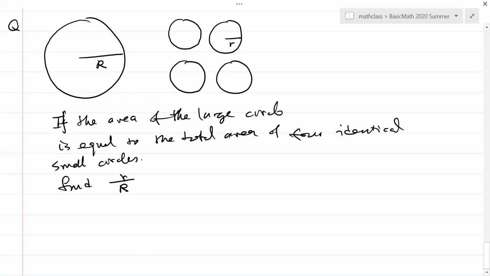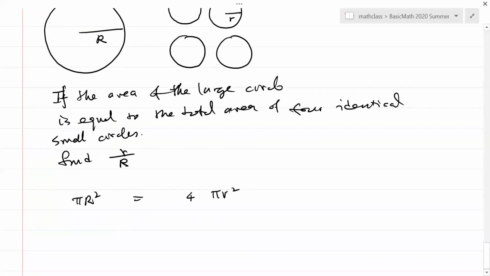So the area of the larger circle is pi capital R squared. Now the area of a smaller circle is pi little r squared, but you have 4 of them, so multiply by 4. Yeah, Michael, you did a good job. Thank you. So they're the same. Now you simplify. On both sides you have a pi, so pi is gone.